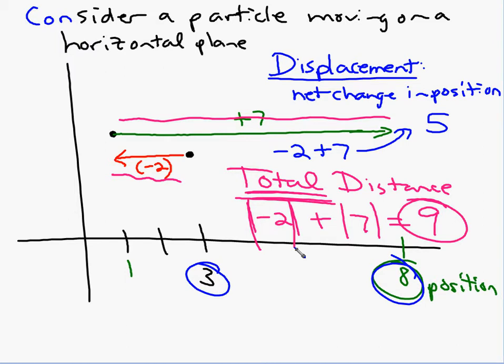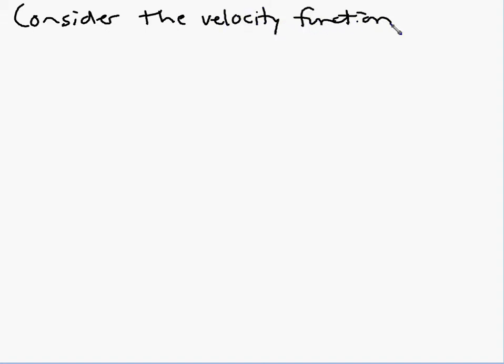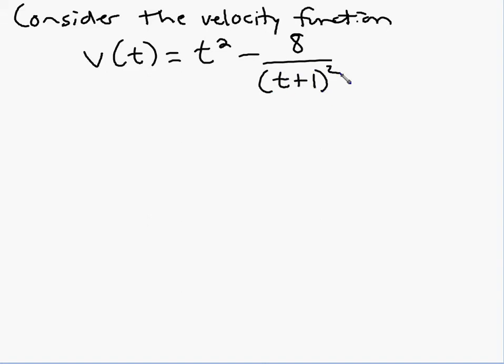In the fall, we did some work with velocity functions. Let's just consider the velocity function, and let's say that my velocity function, v of t, is t squared minus 8 over the quantity t plus 1 quantity squared.